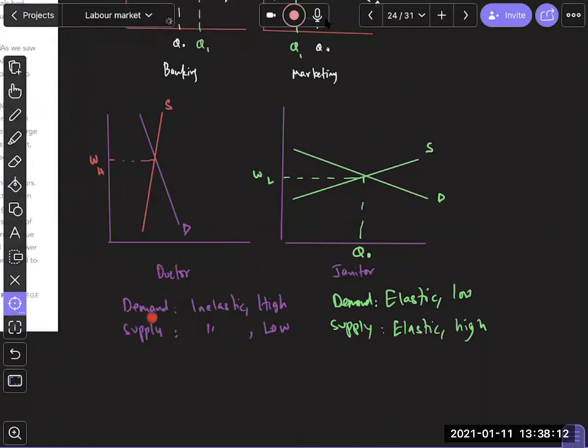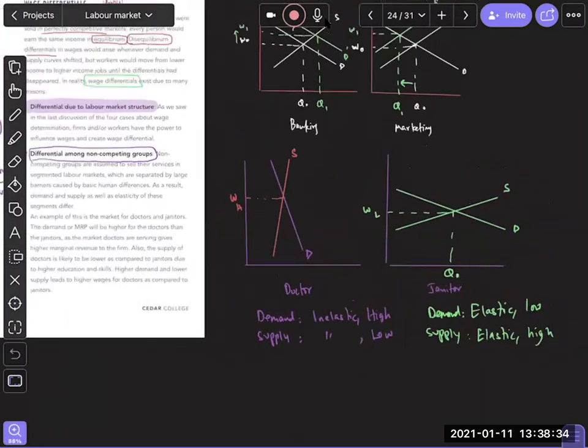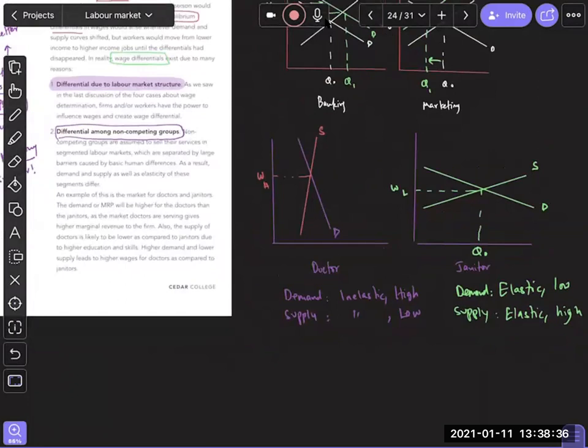So the idea is that in this kind of situation, people are basically paid differently. Even knowing that Messi is paid significantly more, I cannot become Messi. There are differences in skills and differences in education, so it's a non-competing group to begin with. Make sense?